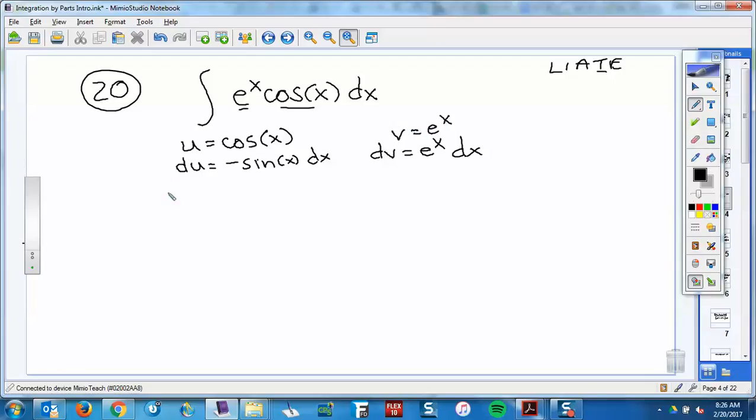So integration by parts would be uv, so e to the x cosine x, minus the integral of v du, so that negative turns to a plus, e to the x sine x dx.